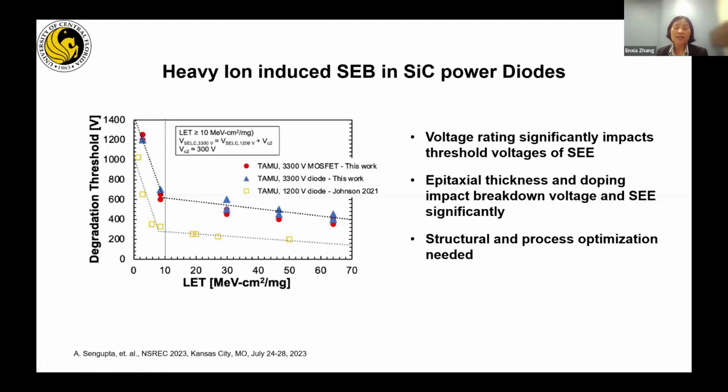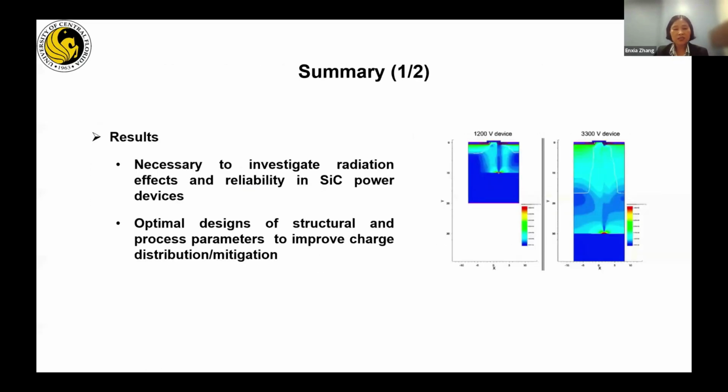We can understand that epitaxial layer thickness and doping significantly affect the breakdown voltage. And also if we apply field plates, the structural change will significantly improve the robustness. So we did a simulation and also a verification with different generations of the devices from GE. This is going forward for optimization of the structure change.